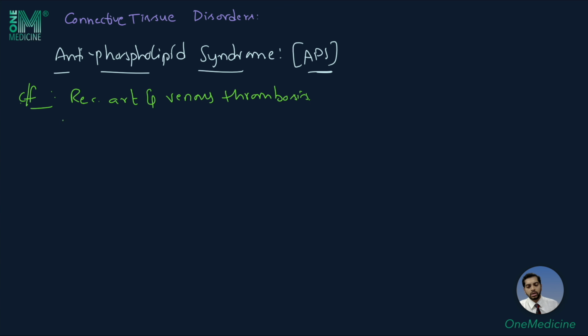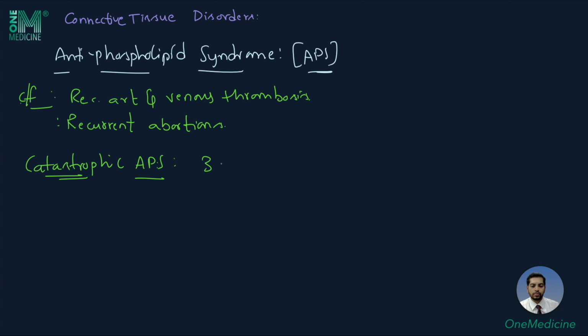In women in reproductive age group, there can be recurrent abortions. A particular clinical entity called catastrophic antiphospholipid syndrome is characterized by involvement of 3 or more internal organs, and this is a rapidly developing disease that can be life-threatening.